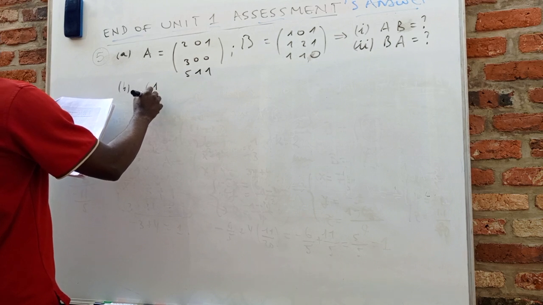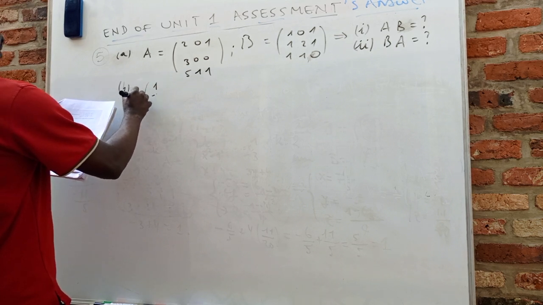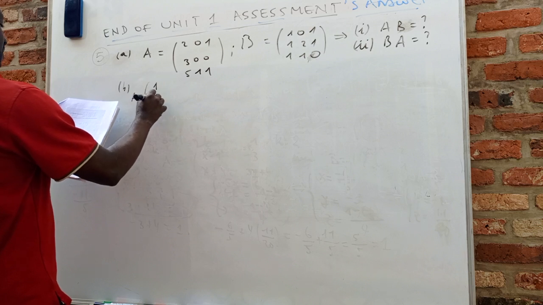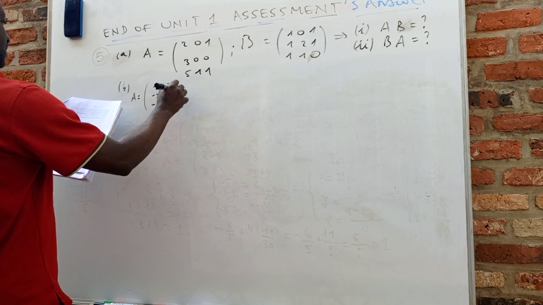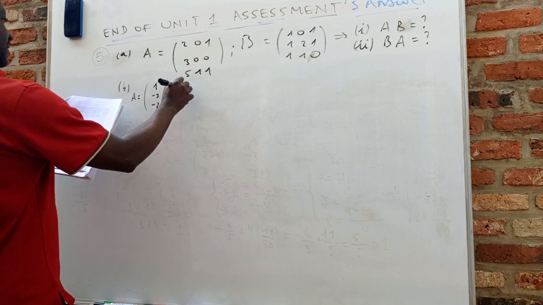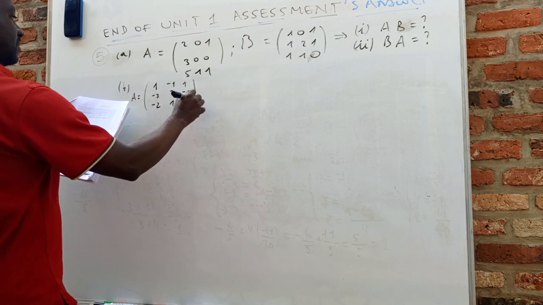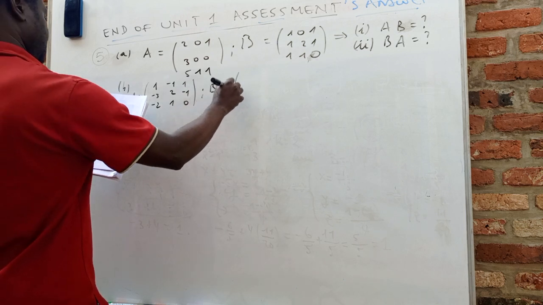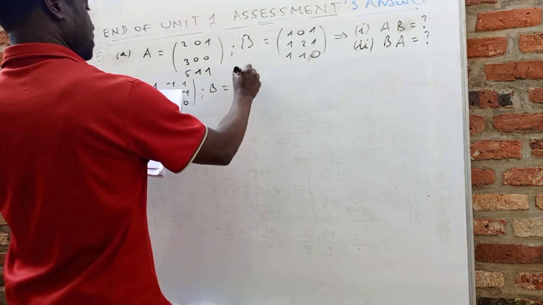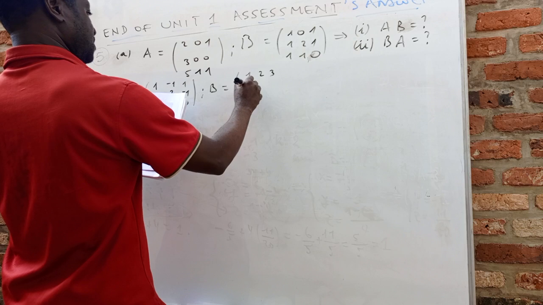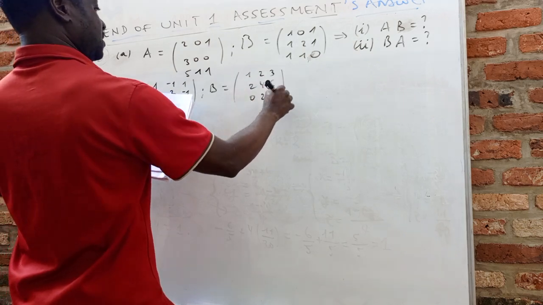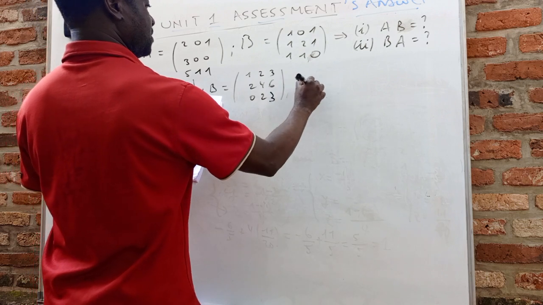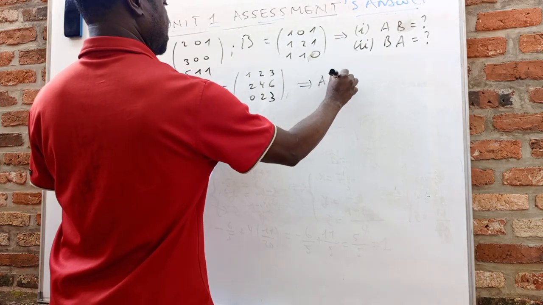Matrix A is 1, negative 3, negative 1, 2, 1, 1, negative 1, 0. Matrix B is 1, 2, 3, 2, 4, 6, 0, 2, 3. And the question is, what is the product A times B?